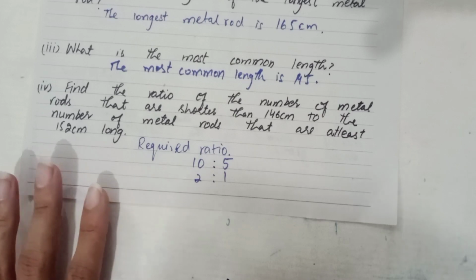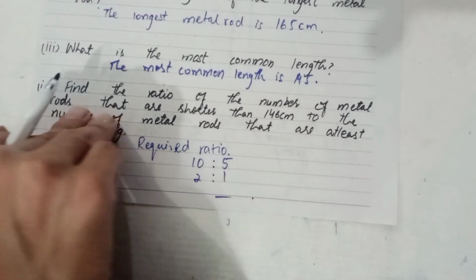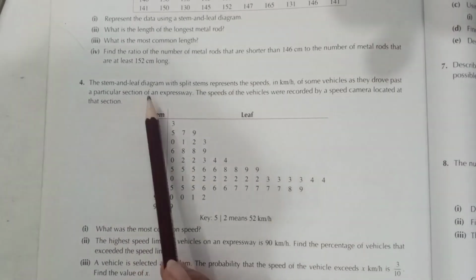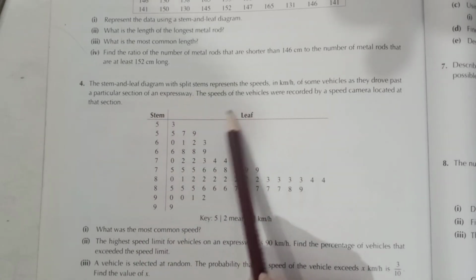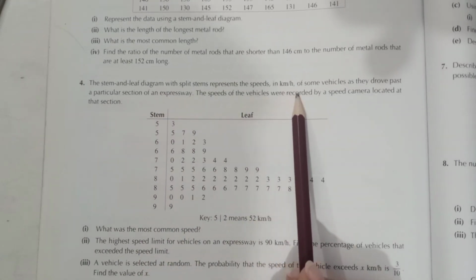Now students, question number 3 is solved. Now question number 4: the stem and leaf diagram with split stems represents the speed in kilometers per hour.